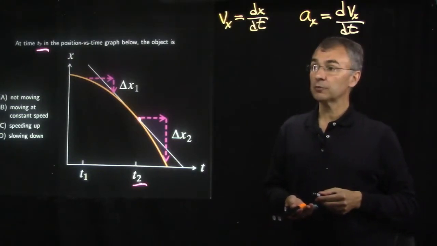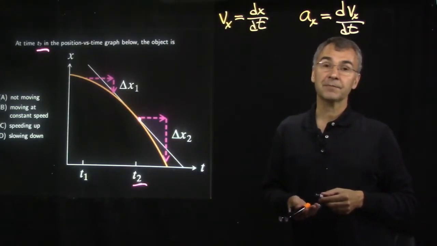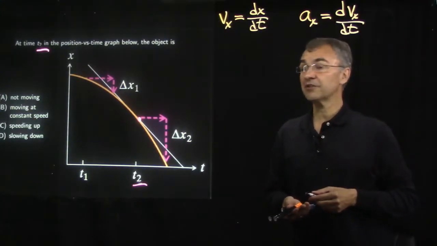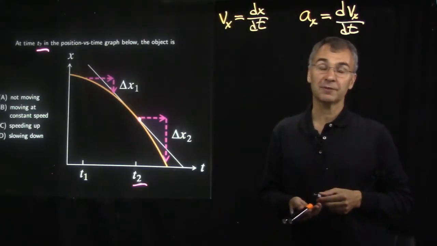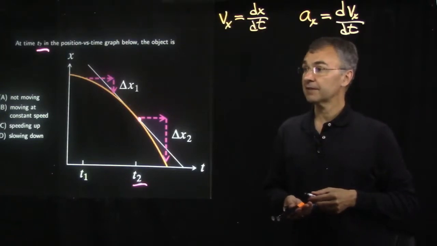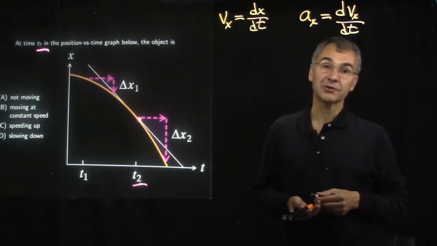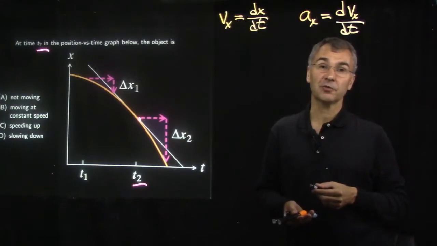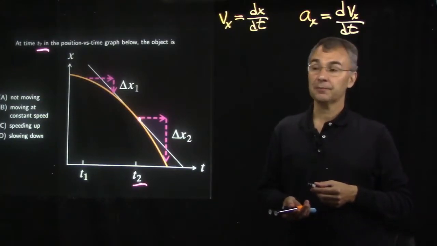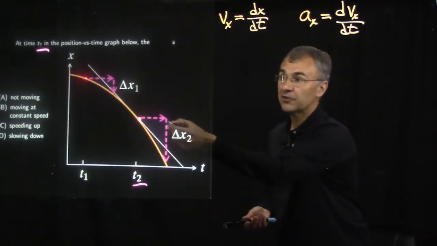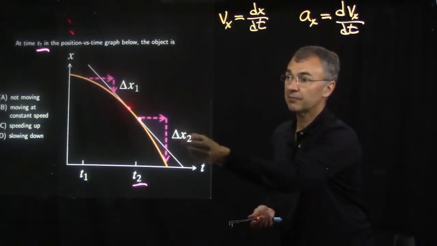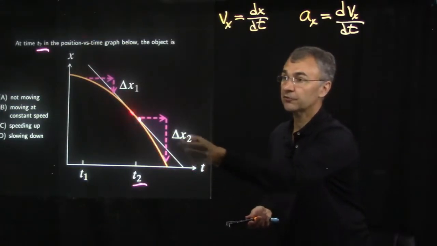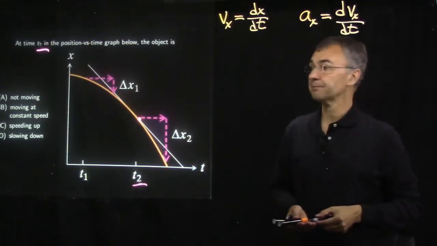Well, if we're moving at constant velocity, then the slope of the x versus t curve would be constant. Speed is actually the absolute value of the x component of velocity for one-dimensional motion. But still, I think the magnitude of the slope of this curve is changing. So it is not moving at constant speed because the magnitude of the slope of this orange curve is changing with time.